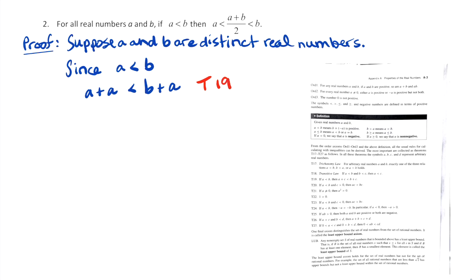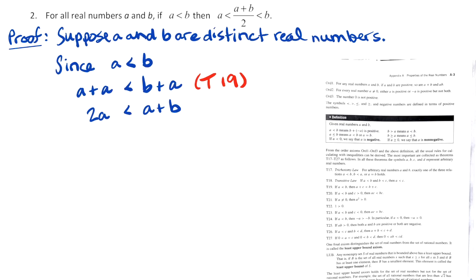T19, that is true. But how many A's do I have? I have 2 A's, and that's less than, I can commute those because the real numbers are commutative. And I get 2 A's is less than A plus B. So now I have this 2 times A is less than A plus B.